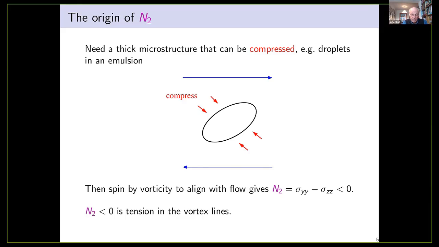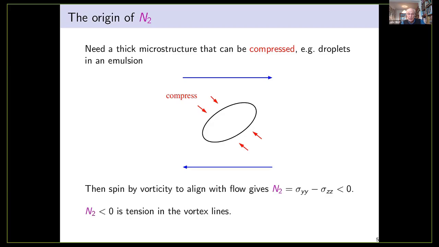And then if we were to spin that drop round with the vorticity, we would have some pressure as it's trying to push out in the y direction. So if we look at N2, we have pressure, that's negative stress, pushing upwards and downwards, and we don't have anything happening in the vorticity direction, Z, so we have a negative second normal stress difference.